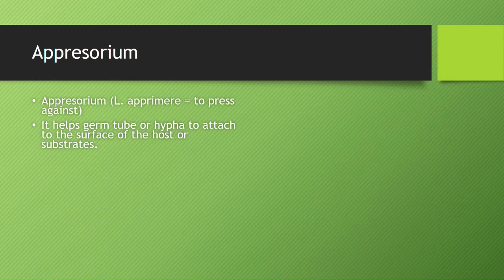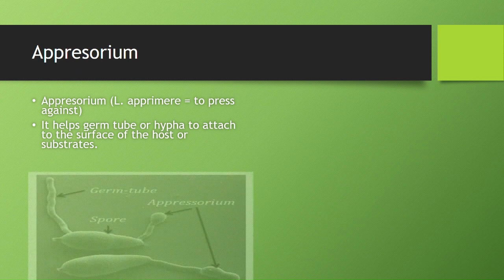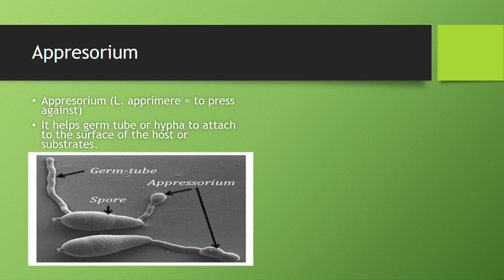Coming to the appressorium. The word appressorium is derived from the Latin word apprimere, meaning to press against. It helps the germ tube or the hypha to attach to the surface of the host or substrate. You can clearly see how the spore has germinated, and you can see the germ tube, and after the germ tube, you can see this appressorium. The appressorium is used to attach the spore.